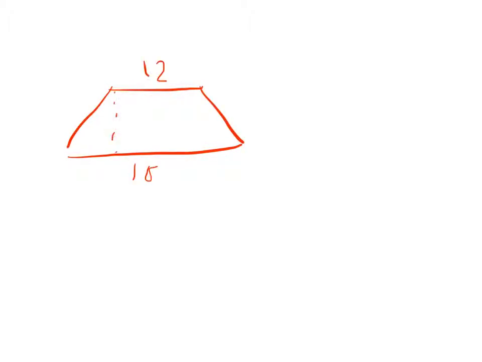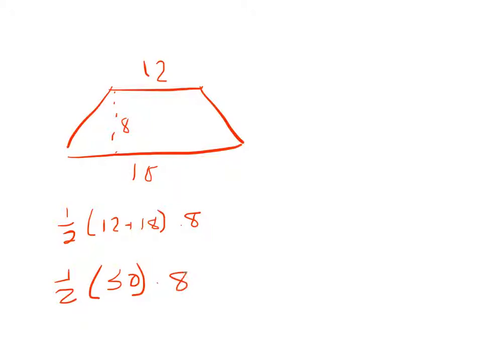Let's take a look at example 2. Here it says the bases of a trapezoid are 12 and 18. So if we drew it, it would look like this. We get 12, we get 18, and the height is 8. So again, we have one half times 12 plus 18 times 8. 12 and 18, they're going to be 30.